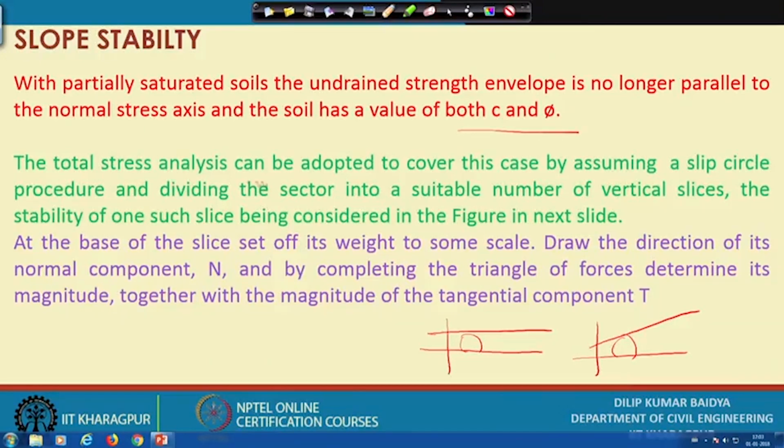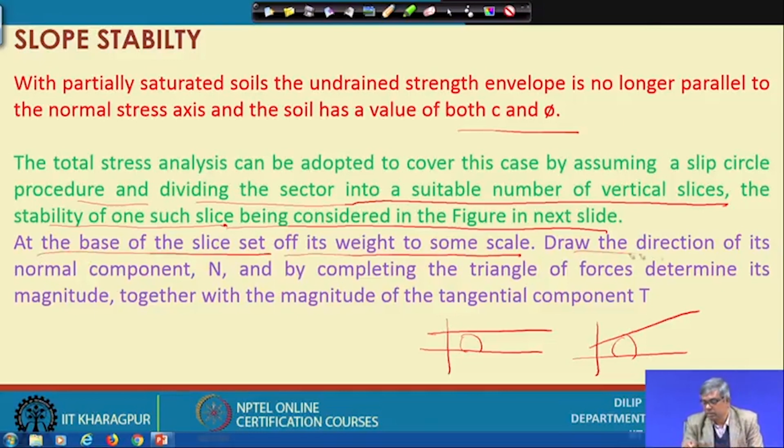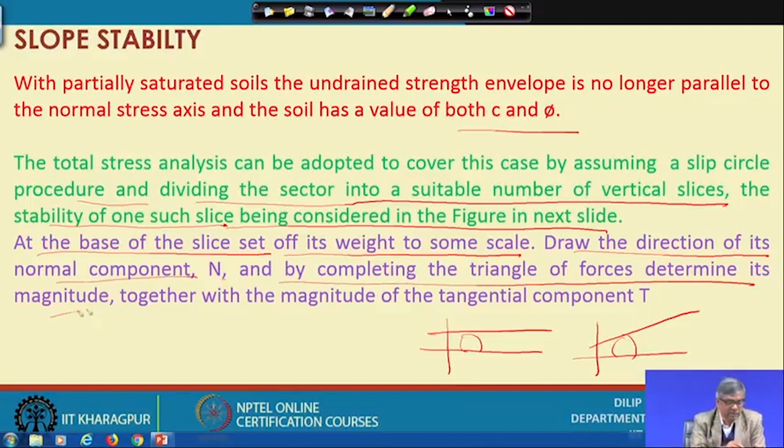If it happens so, the total stress analysis can be adapted to cover this case by assuming a slip circle procedure and dividing the sector into a suitable number of vertical slices. The stability of one such slice is considered in the figure in the next slide. At the base of the slice, set up its weight to some scale, draw the direction of its normal component N and component triangle of forces, and determine its magnitude together with the magnitude of the tangential component.